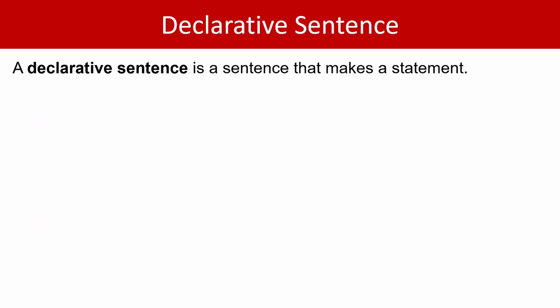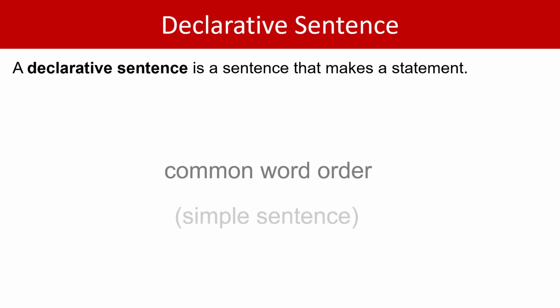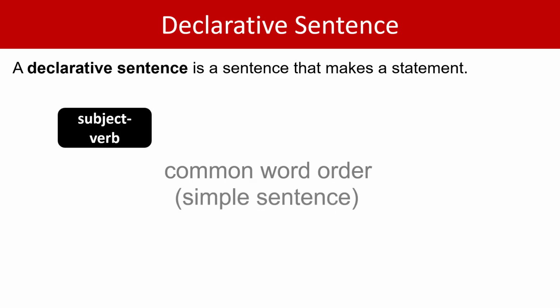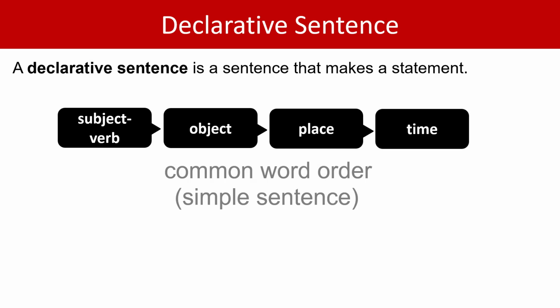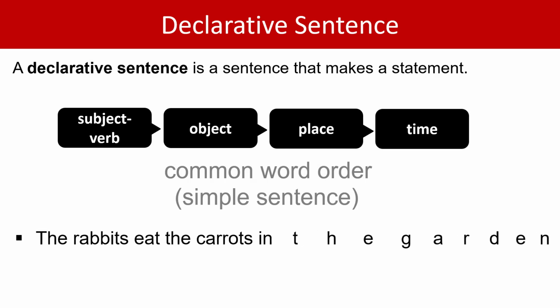Here is a common word order for a declarative sentence. Now this is a simple sentence. So we have the subject-verb pairing, and then we have the object, and then we have the place, and then we have the time. So let's put up an example. The rabbits eat the carrots in the garden in the early morning. This is a simple sentence.